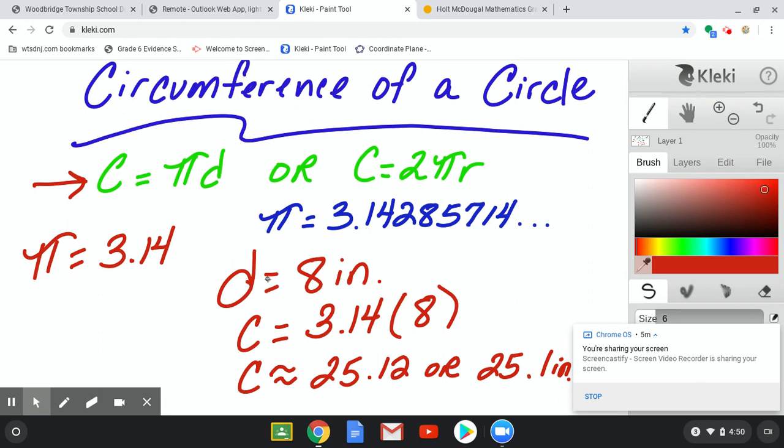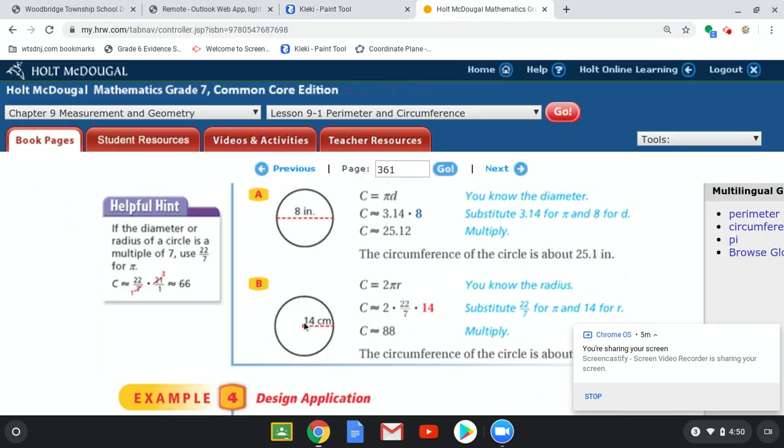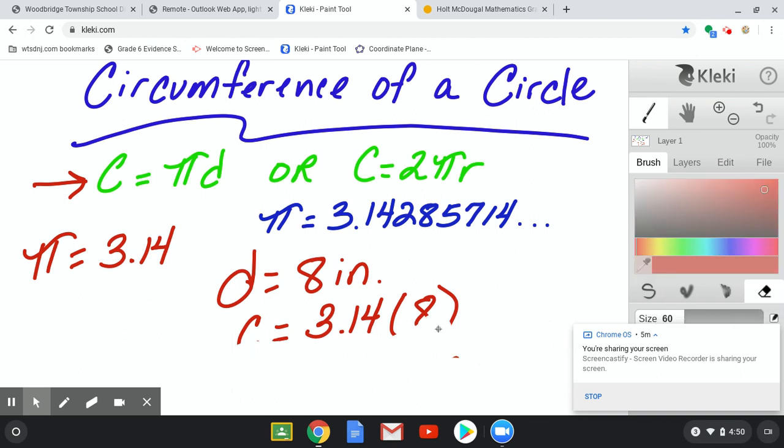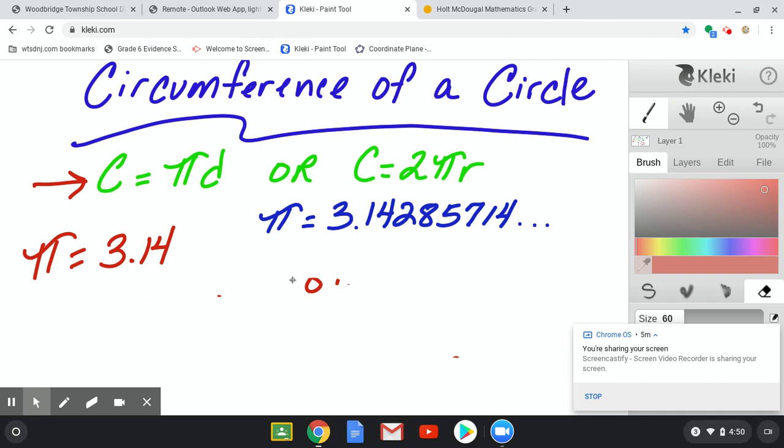Okay, so I want to go ahead and use this example with the 14 centimeters for the radius, but I'm still going to use my diameter formula so I can show you how to do that. So let me just erase. Now I have a circle that has a radius of 14 centimeters.